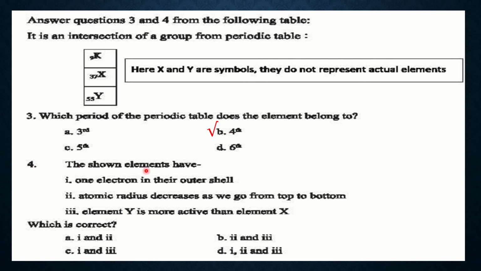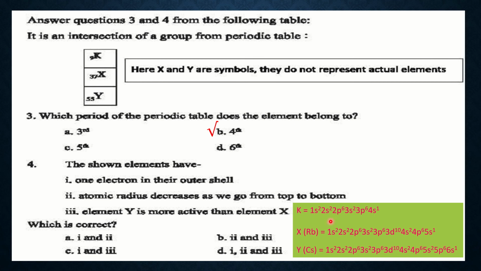Now the shown elements, potassium, rubidium and cesium, have 1 electron in their outer shell. For knowing this, you have to write the electronic configuration of these elements. Look, these are the electronic configurations of potassium, rubidium and cesium, and everyone has 1 electron in the last shell.